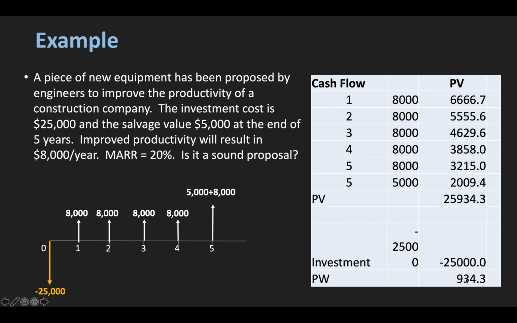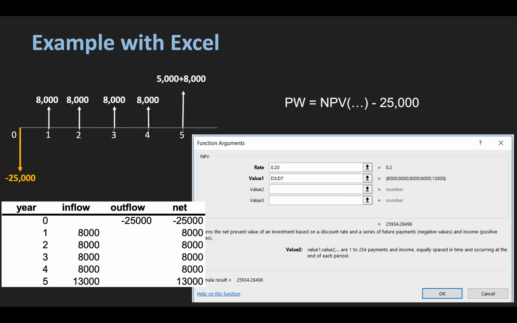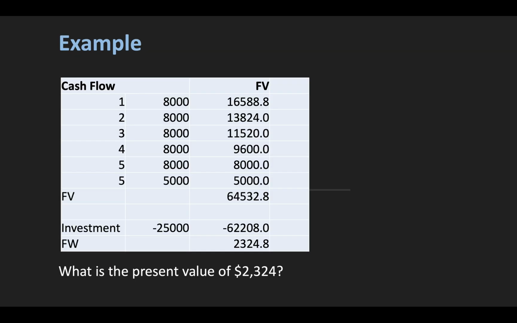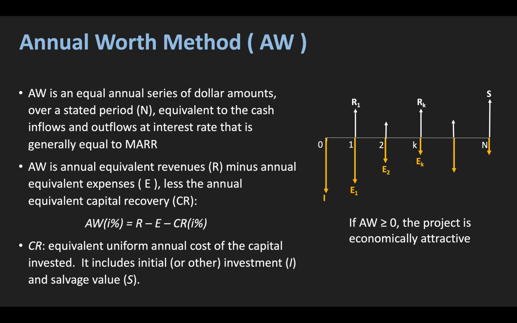It must be this one. So after you do the same conversion based on the MARR, you convert this present value into future value, and they are exactly the same. They have to be exactly the same, right? So that's the future worth method.